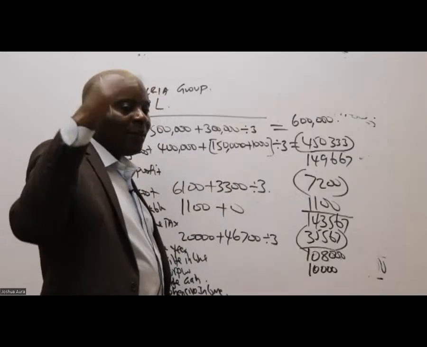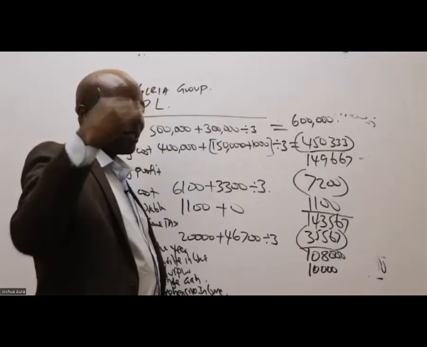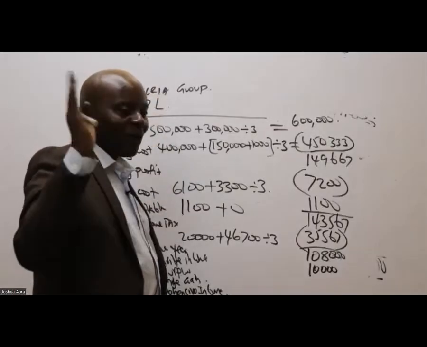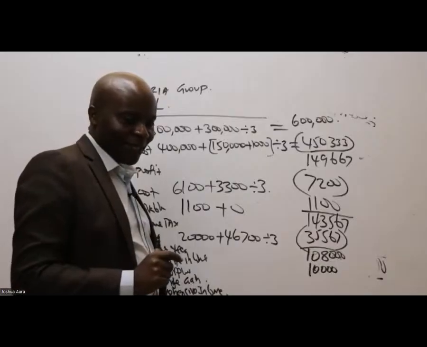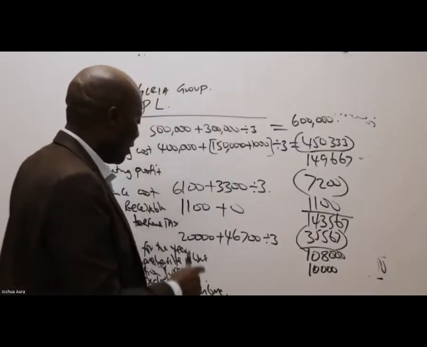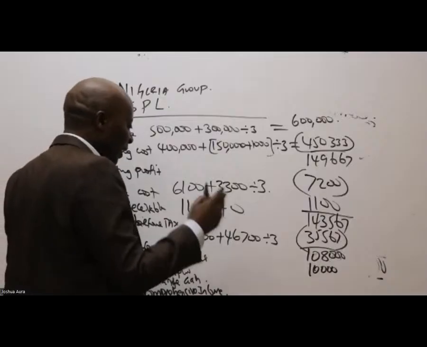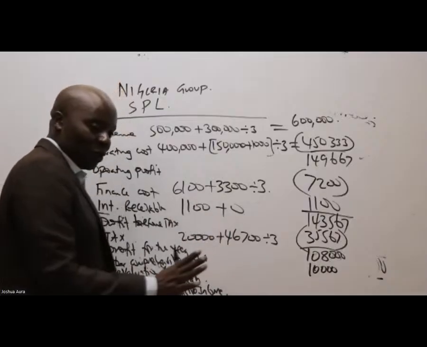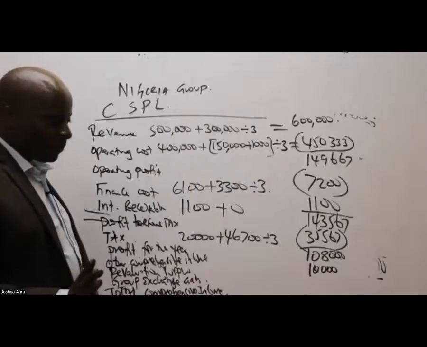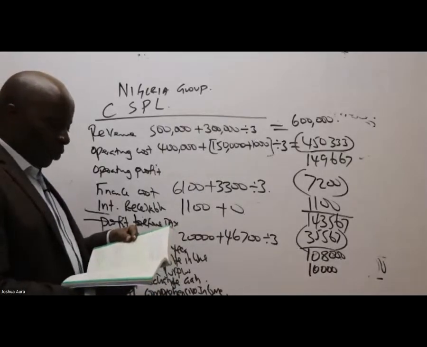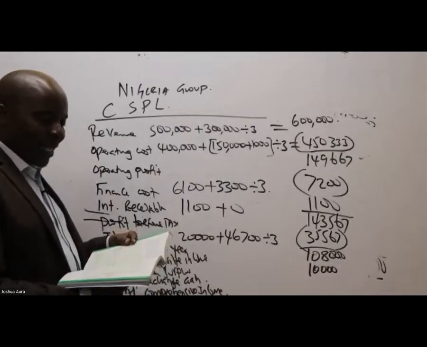We don't make any adjustments regarding depreciation on our revaluation account. We never do that. So this asset which was revalued upwards by 10,000, we simply pick it the way it is. And then now we have the last one, which is the group exchange gain.